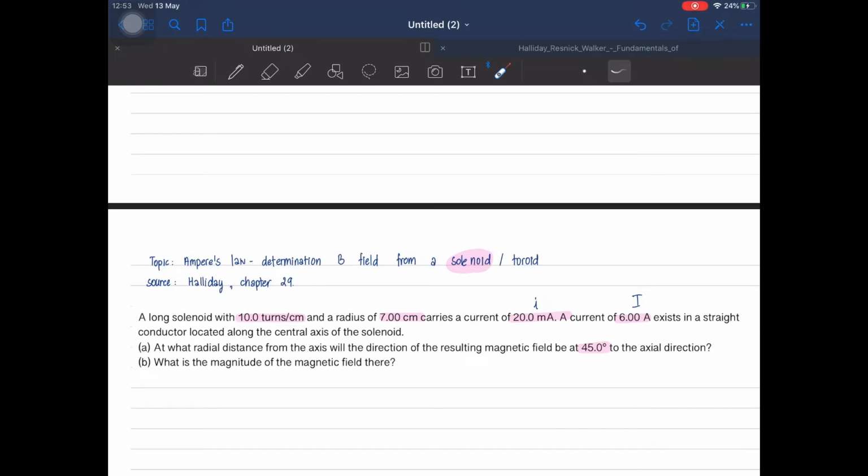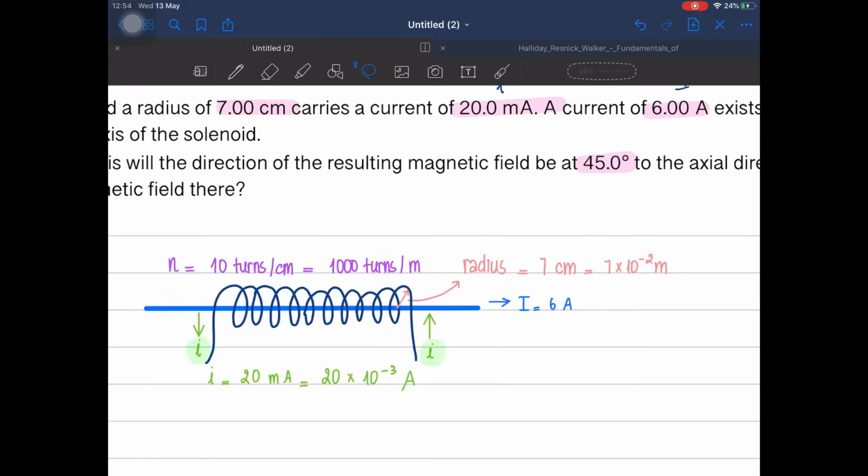The next step is to draw, if possible, or you can just imagine it in your head, but to be on the safer side, you should draw a picture of what's going on in the problem. Ta-da! After having the picture, we should also name each of the components, because the picture gives you the idea of what's going on.